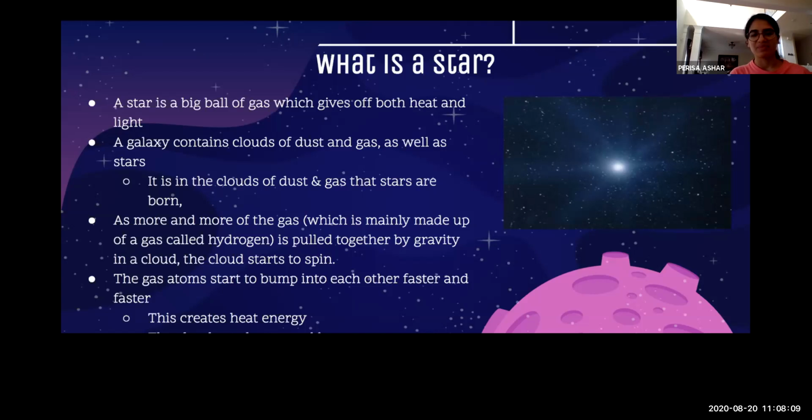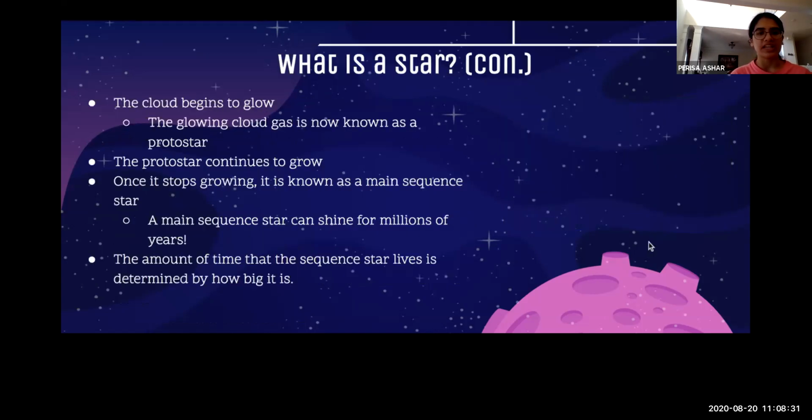I can't see the bottom side, I think it's cut off, but in essence, the movement of particles creates more thermal or heat energy within the star, making it really, really hot. Afterward, this causes the star to glow because of all the heat energy, and the glowing cloud of gas is now known as a protostar, the very first or initial stage of star formation.